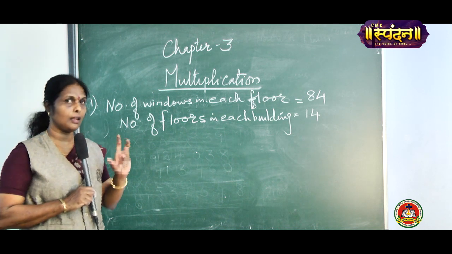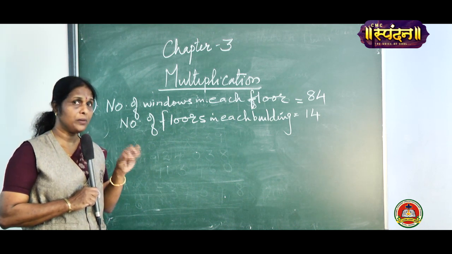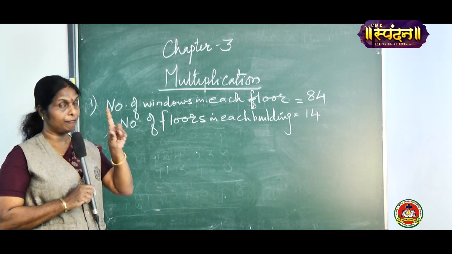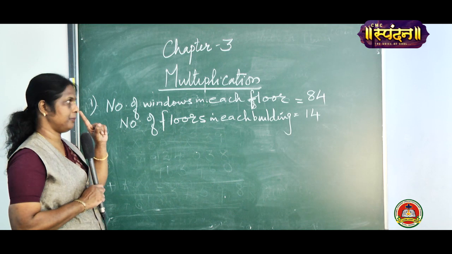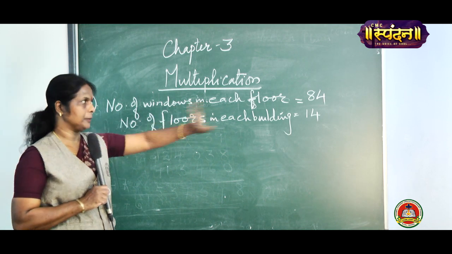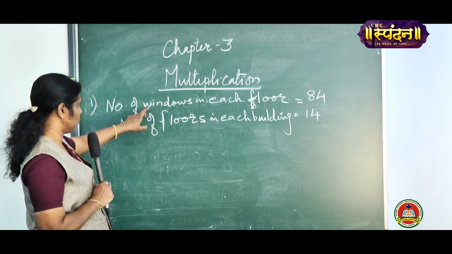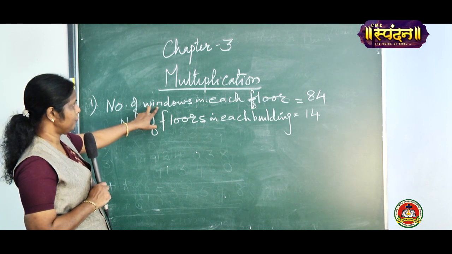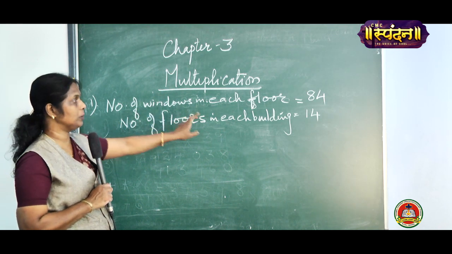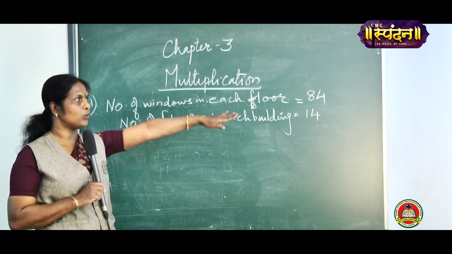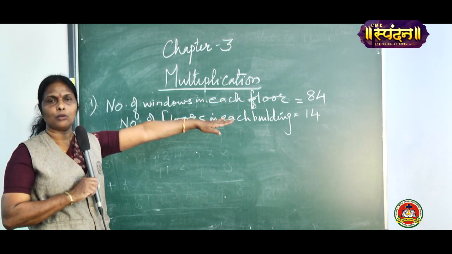The thing is that first you have to find out how many buildings there are in total. 22 buildings are there. You have to find out how many windows there are. First you have to find out how many windows there are in one building. Here in one floor there are 84 windows, and each building has 14 floors.